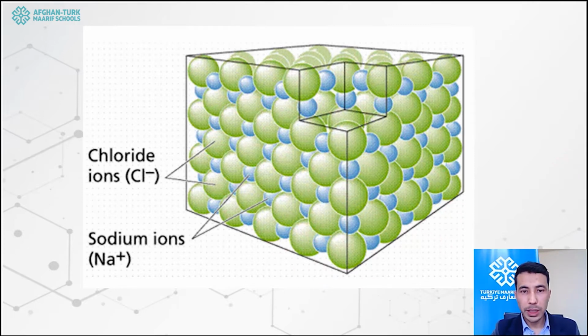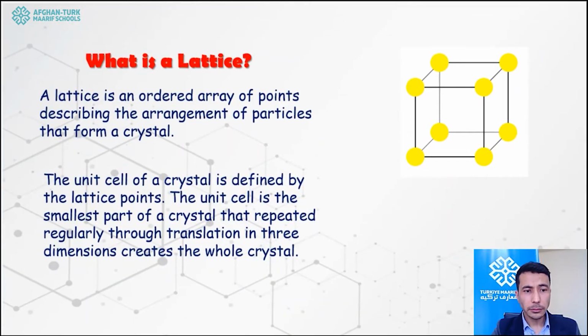Okay, let me show you what a lattice is. A lattice is an ordered array of points describing the arrangement of particles that form a crystal. You can see that these are the unit cells of the crystal. They're arranged in such a manner that they form a lattice, and at last they form a crystal. We can explain a crystal in a 3D shape.